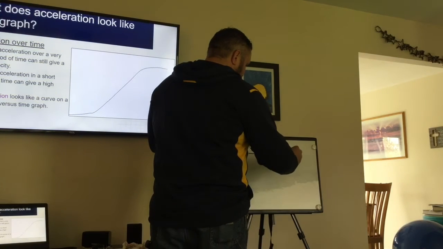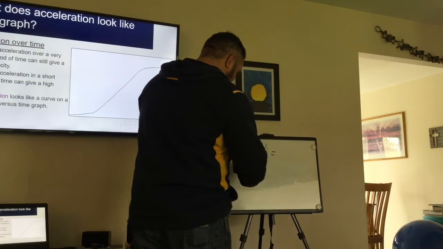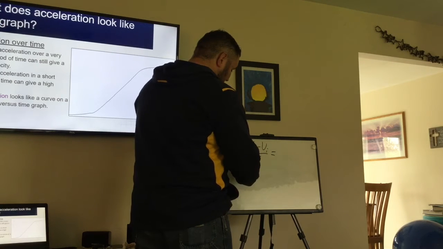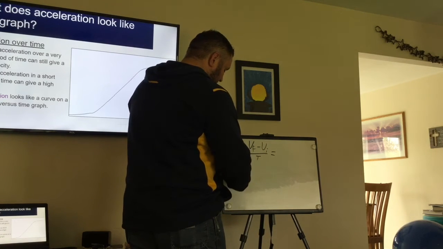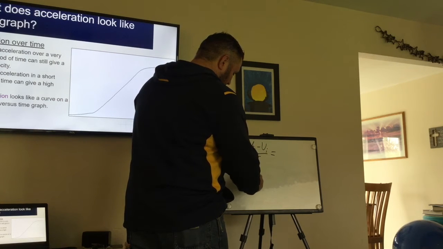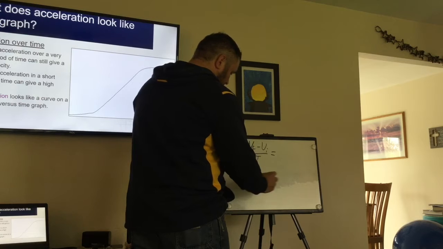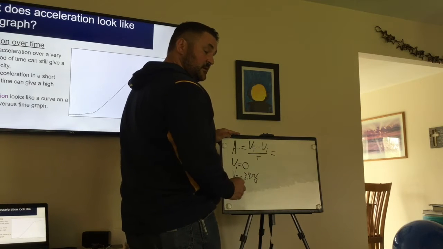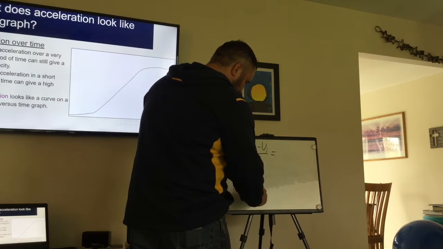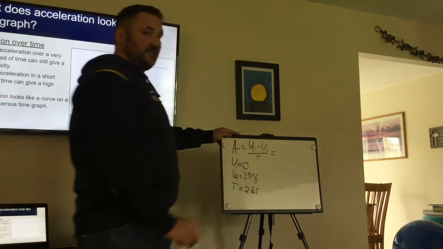So his initial velocity was 0 because he started at a complete stop. We're going to go ahead and say that his final velocity was 3.8 meters per second, and it took him a time of 2.6 seconds to get there.